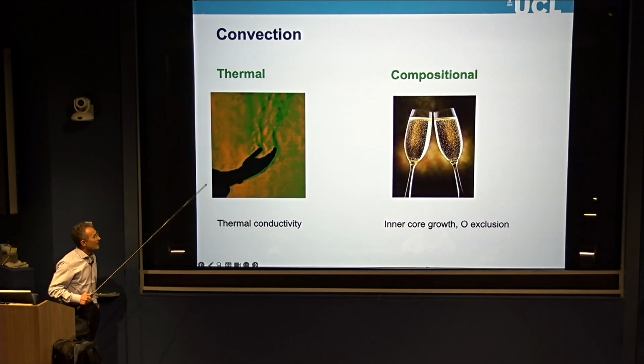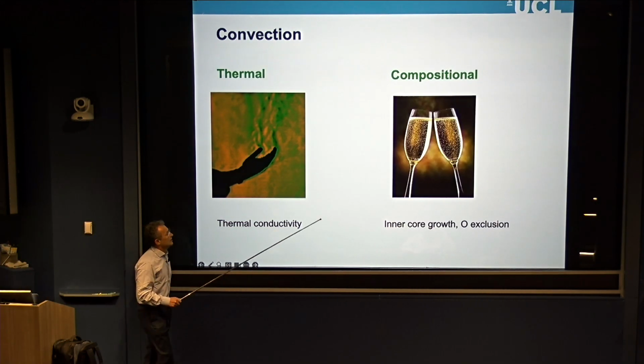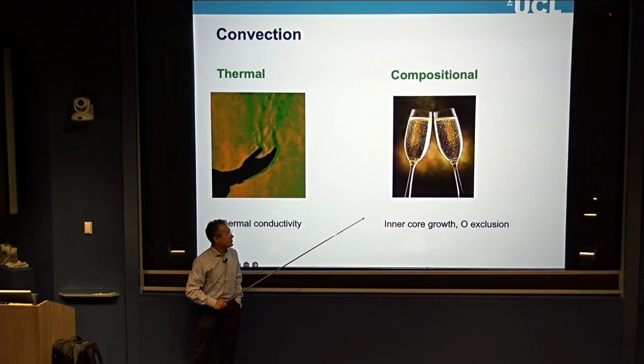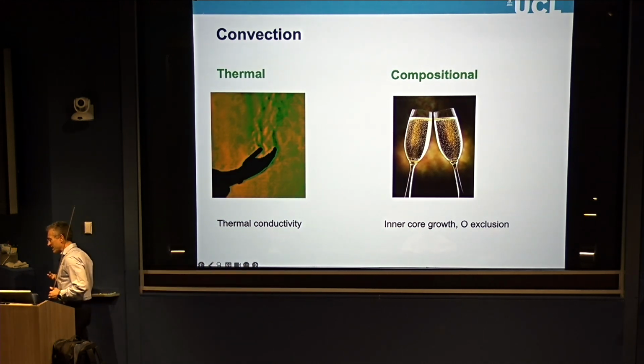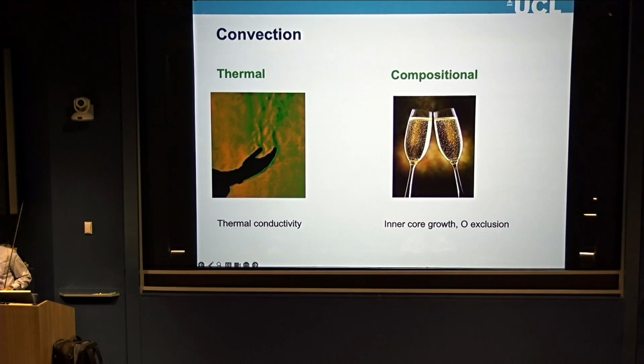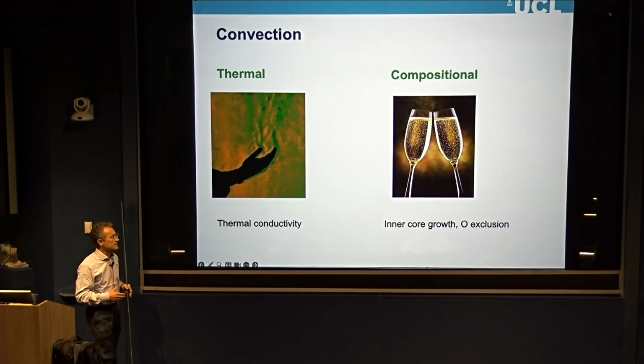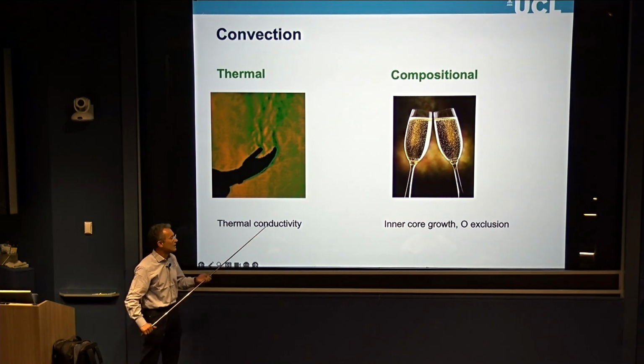Another way of having convection in the Earth is by compositional convection. What we know is that the Earth's core is mainly made of iron, but it also contains some unknown light impurities. Could be oxygen, perhaps sulfur or silicon.